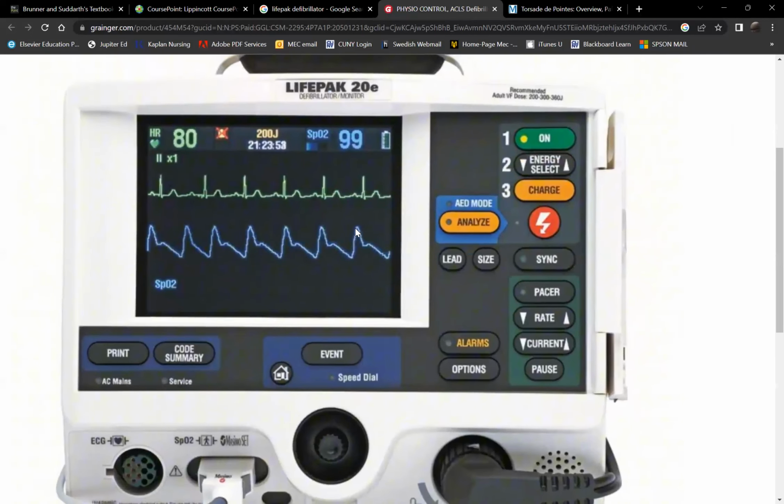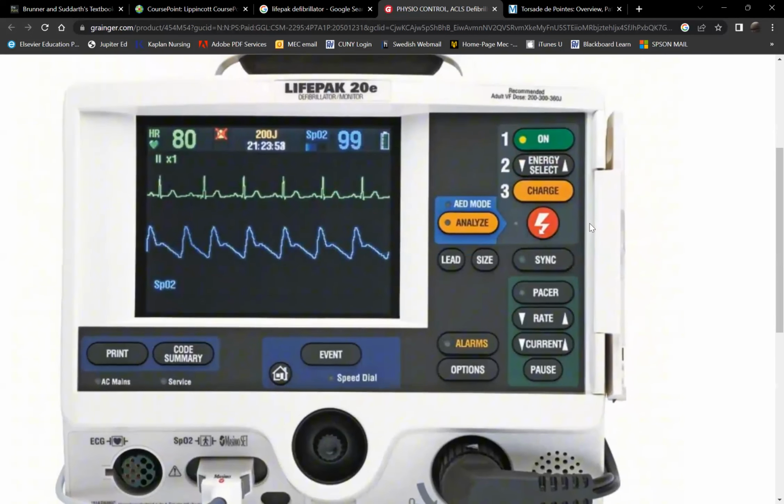So this is your defibrillator. We have one downstairs too in the lab. So this is the same. If you're using the machine for defibrillation or for cardioversion, it's the same machine. Okay. The only difference is you turn on the synchronize button. Okay. All right.